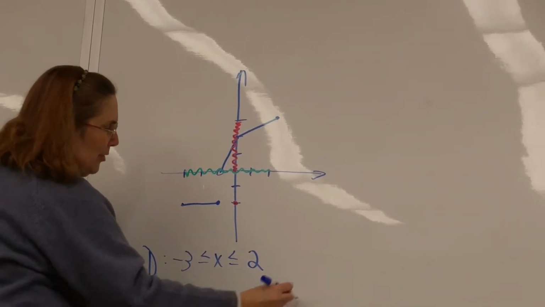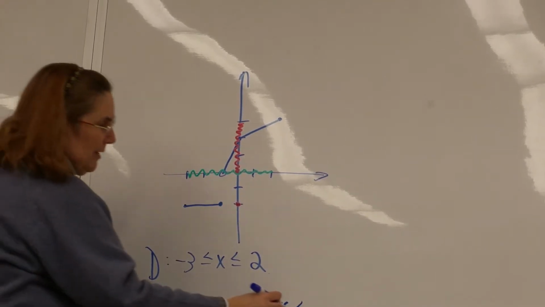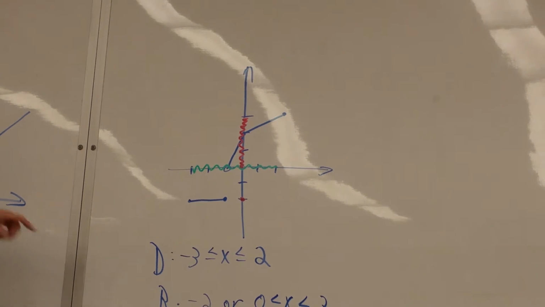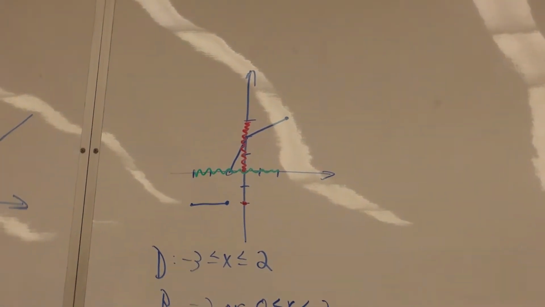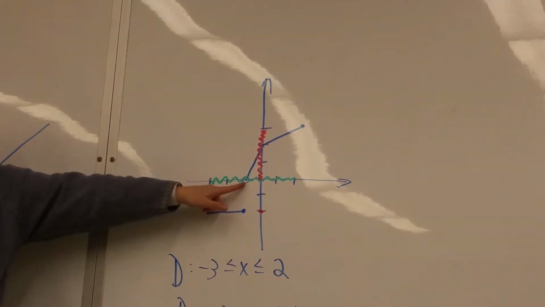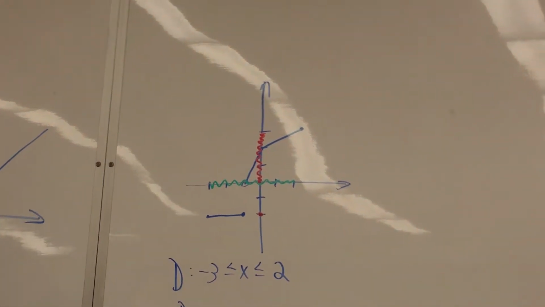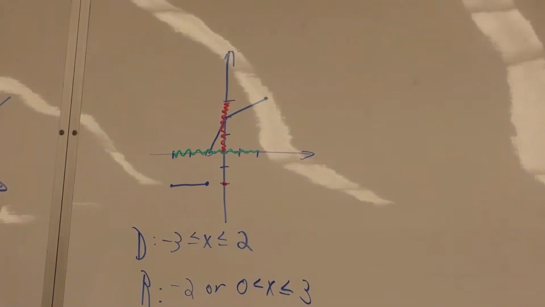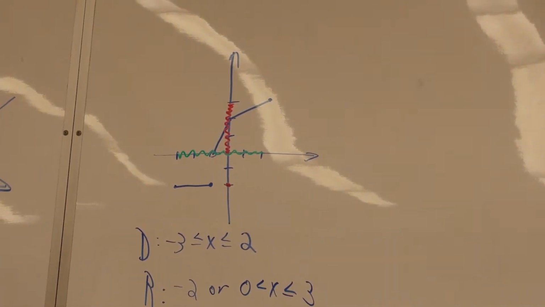Less than 0, or excuse me, greater than 0 and up to 3. Why did I just put greater than 0 and not greater than or equal to? Because there was an open circle there. So remember, domain is swish the points to the x-axis, range is swish the points to the y-axis.